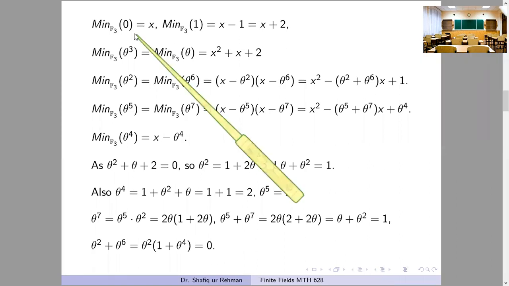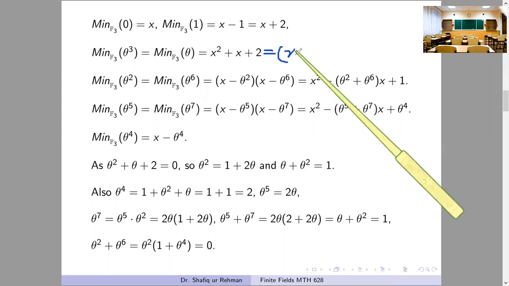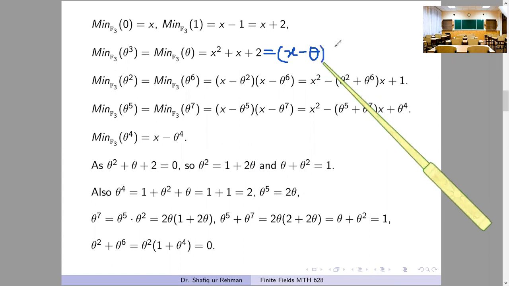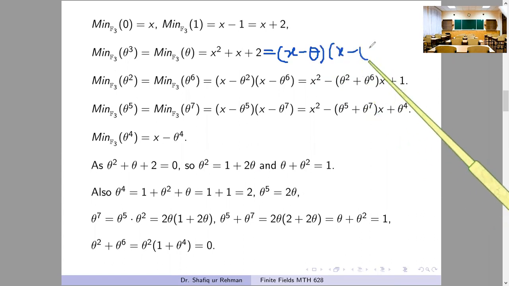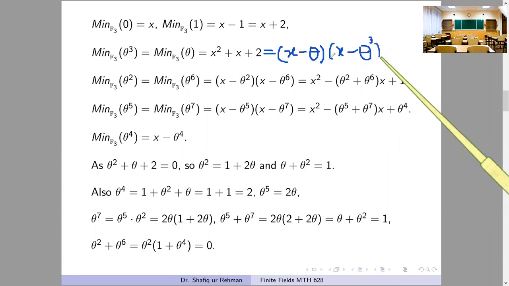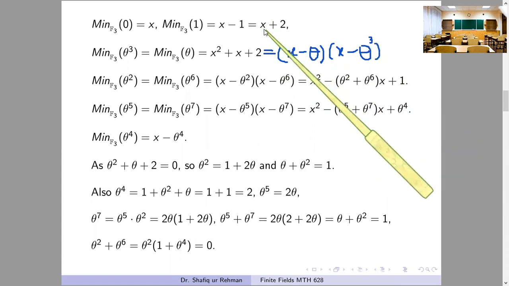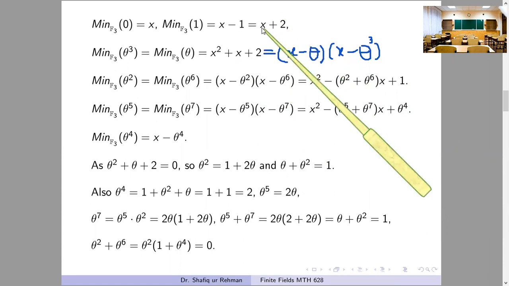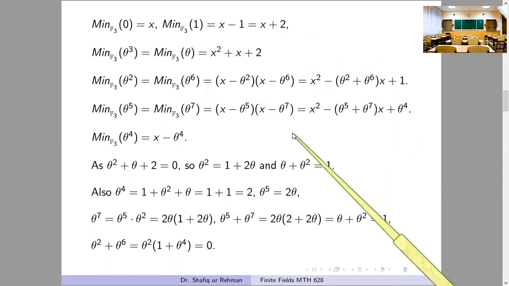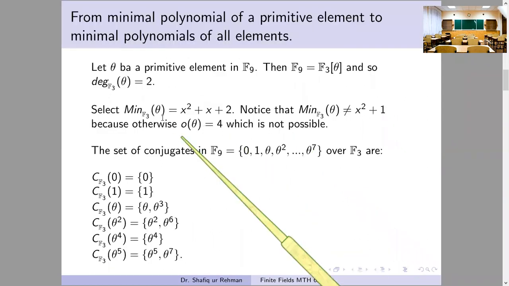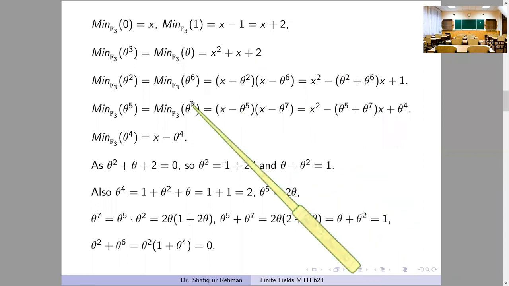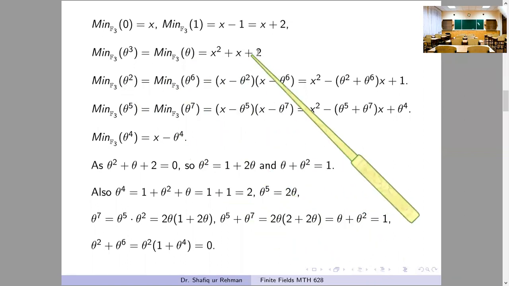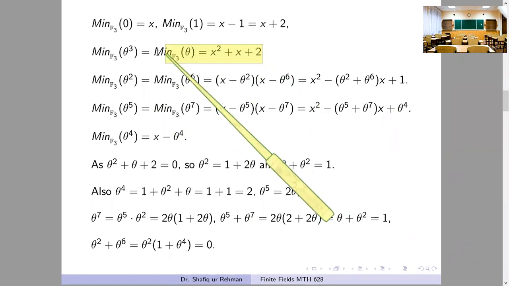Here you can also compute this by using x minus theta into x minus theta cube, and after calculations and using the relation of the given polynomial, you will see that this minimal polynomial equals this. Also, since these two elements are conjugates, they must have the same minimal polynomial, so we can also write it directly.